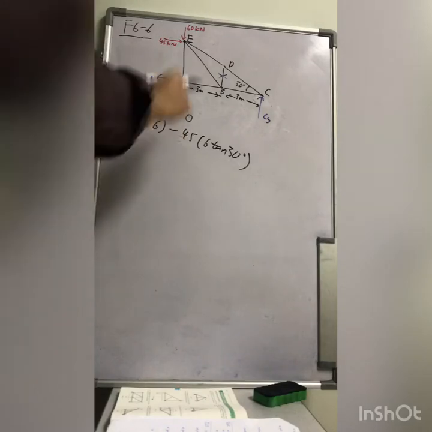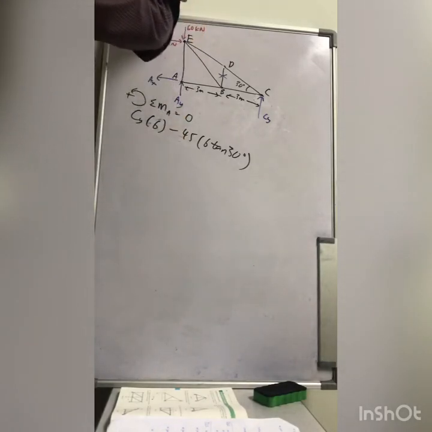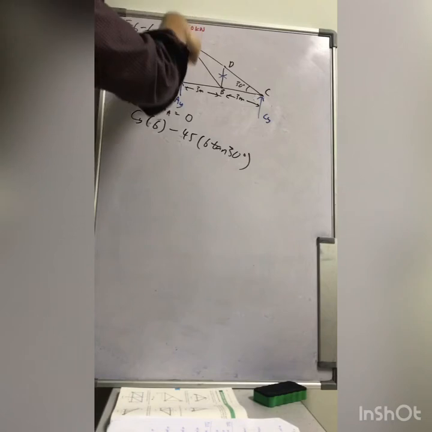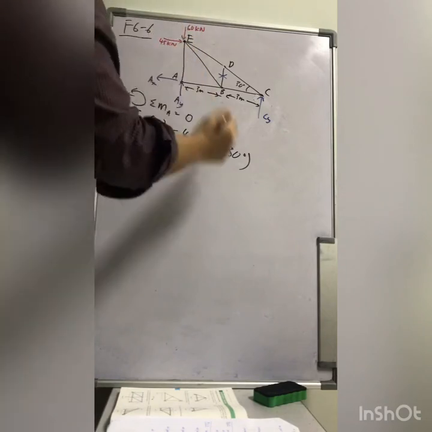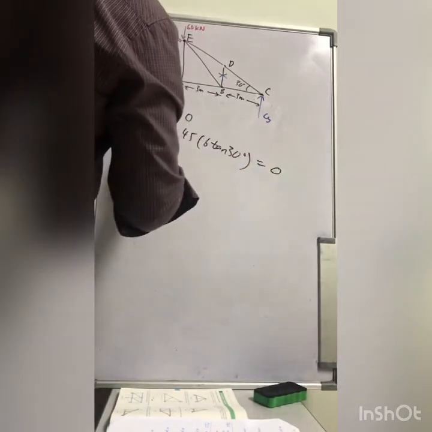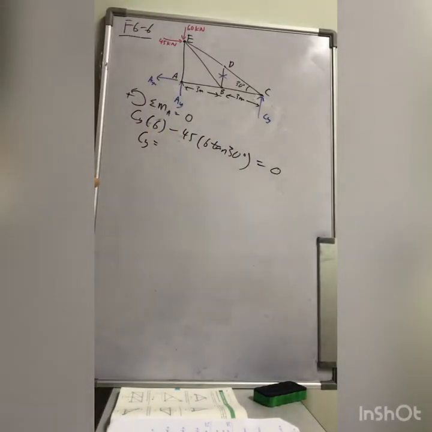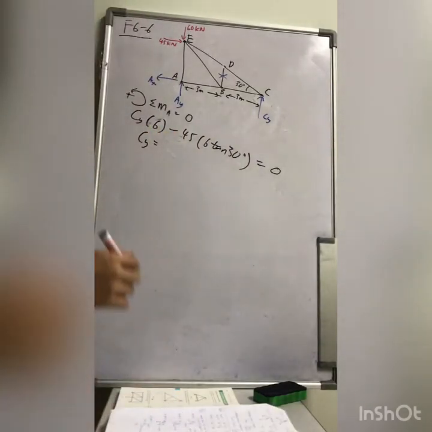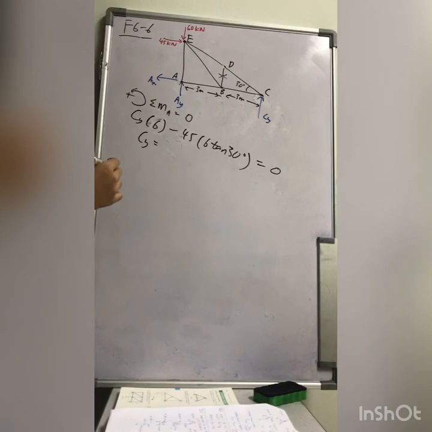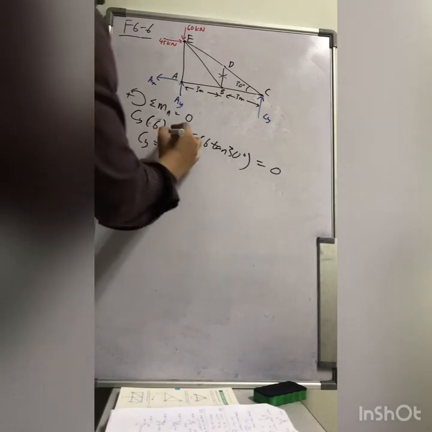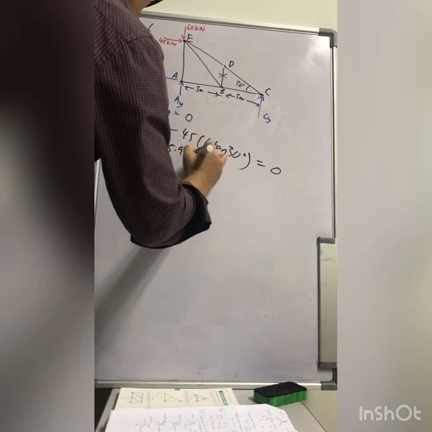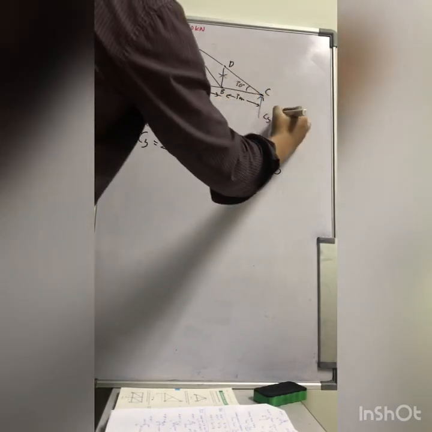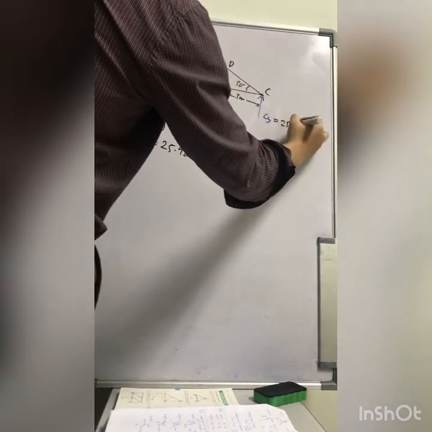And then how about the 60 kN? There is none, because it acts on a line of action that passes through point A, so this is 0. Solving this, your Cy is 25.98 kN.